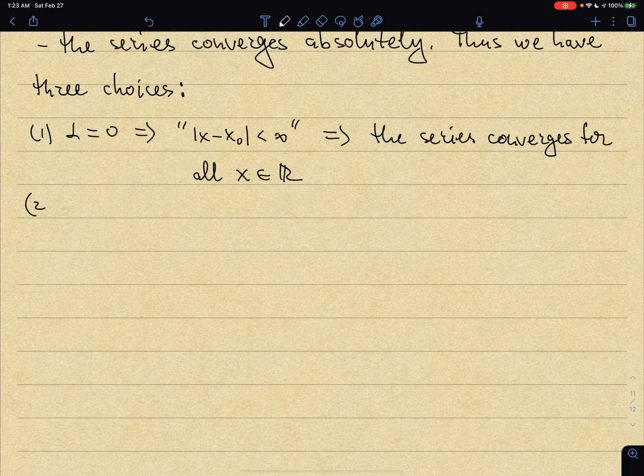Number two, alpha is equal to a finite number, right? Or in fact, let's just say it this way, alpha is finite.